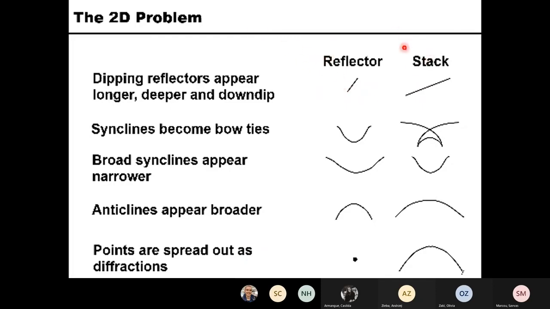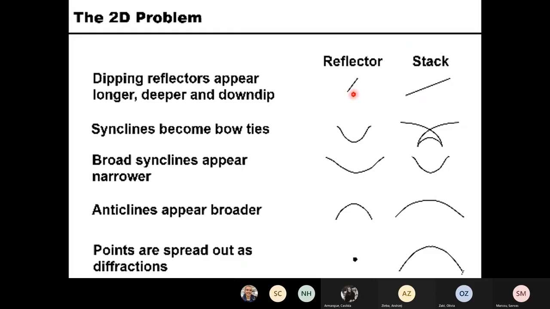This will be put underneath this. So in your seismic stack section, this dipping events will be shallower. It's not that deep. It will be a more sort of gentle dip, rather than that deep, okay?